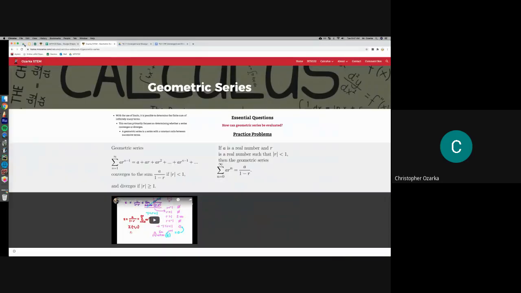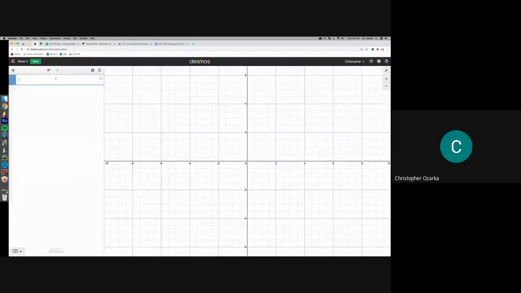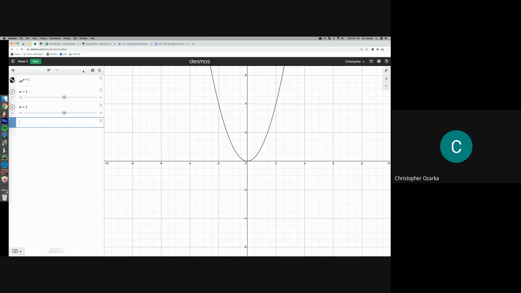This is getting crazy. I'm sorry. Say we had AX to the N plus 1. If A is equal to 1, let's just say this is a function, you can see it goes to infinity.